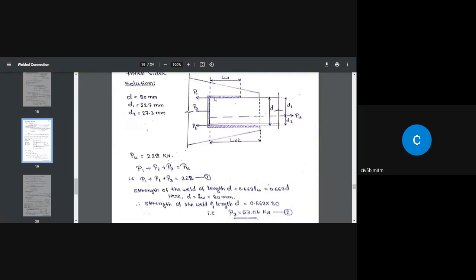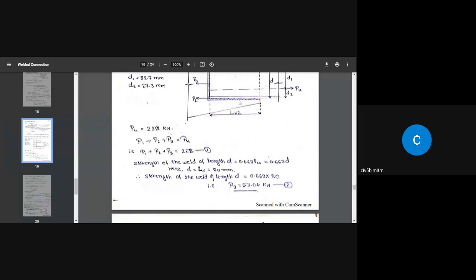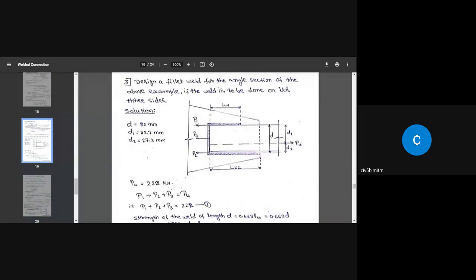The remaining force should be carried by P1 and P2, so we need to find out what P1 and P2 are. By taking moments of all the forces along LW2, that is along this, we get minus P1 multiplied by 80 mm, minus P3 multiplied by D by 2, that is 40 mm, and P3 value is known.